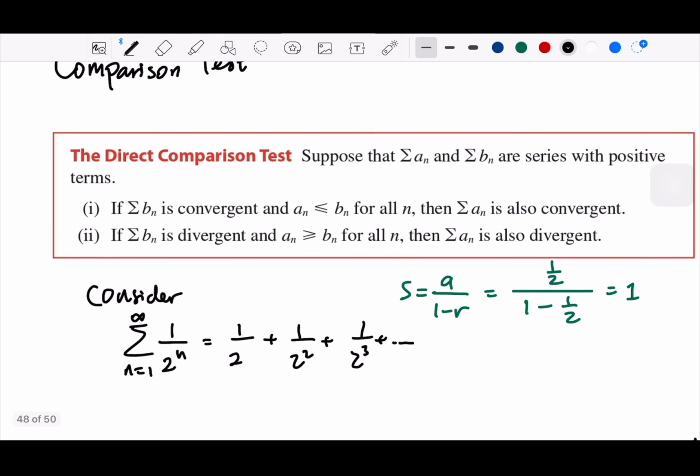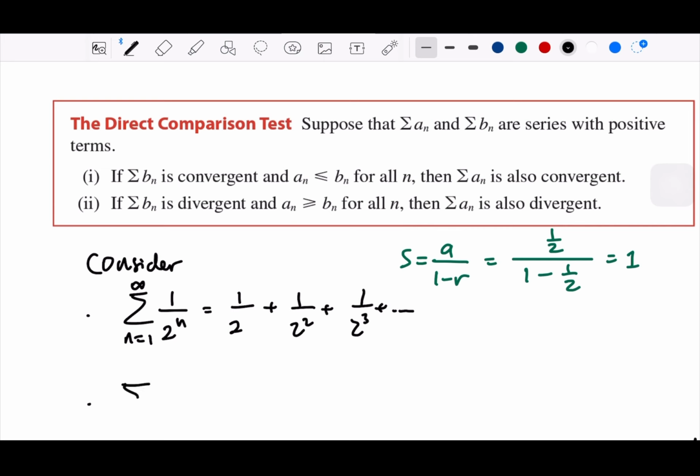Now consider the second statement, the sum: another sum, 1 over 2 to the power of n plus 1. From this point of view, the series seems similar, and it's just adding a constant to the denominator, which means this is going to be smaller.